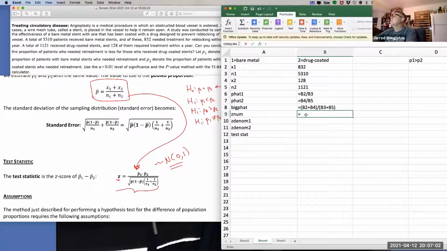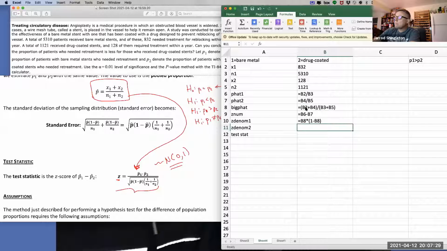Okay, so this is equal to P1 minus P2. This is another reason to keep P1 on the left and P2 on the right, so you don't have to change your formula over here. Okay, my first part of my denominator is big P hat, times, do not mix up your P hats, 1 minus big P hat again, and that's the entire thing.